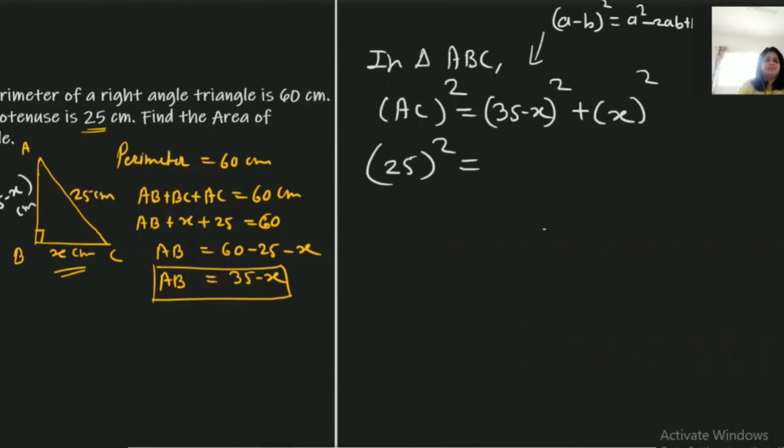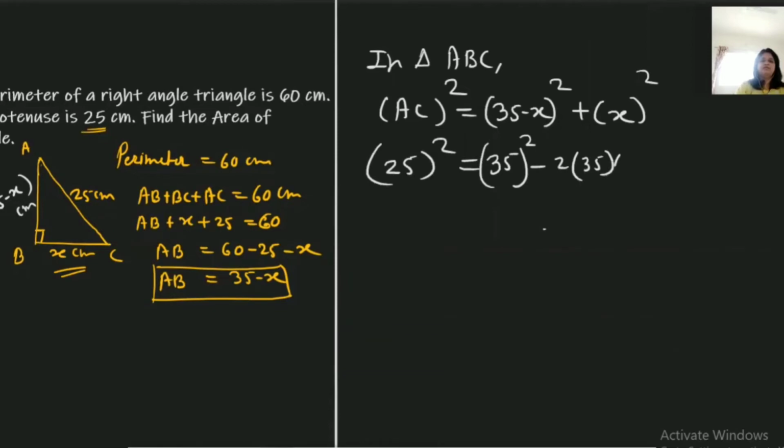So a minus b bracket square we are going to use here, and a square means 35 square, minus 2 into 35 into x, that is 2ab, plus b square, that means x square, plus this term x square.